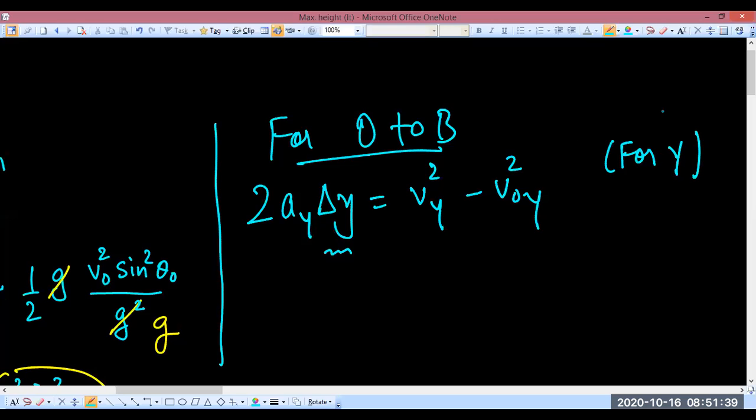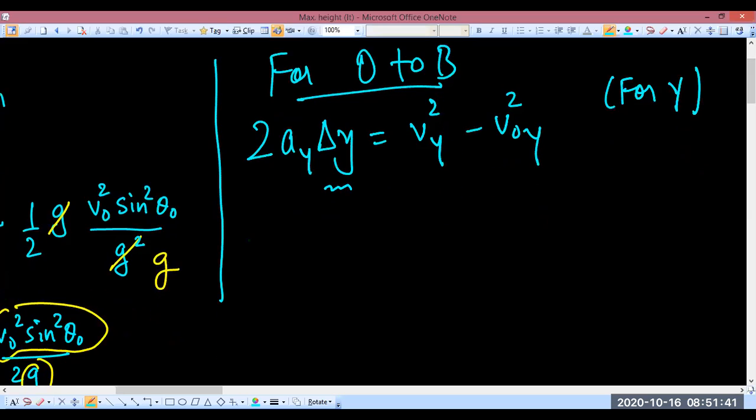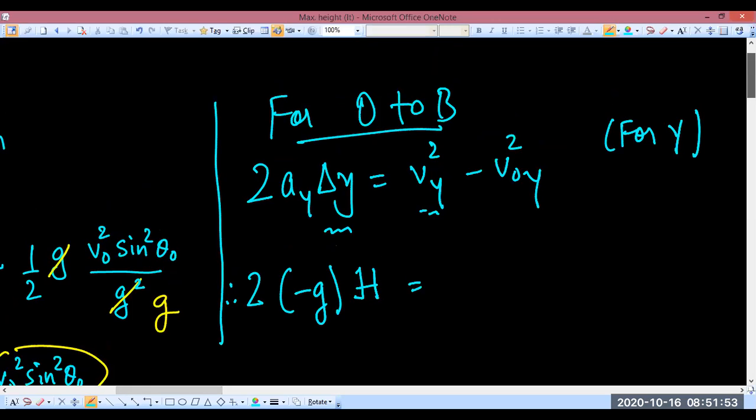Clear? Third equation for y-axis. Let's put all the values that we know. 2 ay is minus g. By now you must have memorized it. Delta y is h. Vy, the final y component of velocity. Which point is final? Which point is final? Look at this. Which point is final, everyone? Did you fall asleep because one method is done? Which point is final?